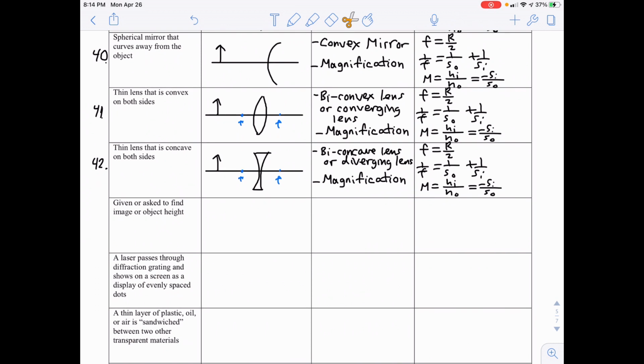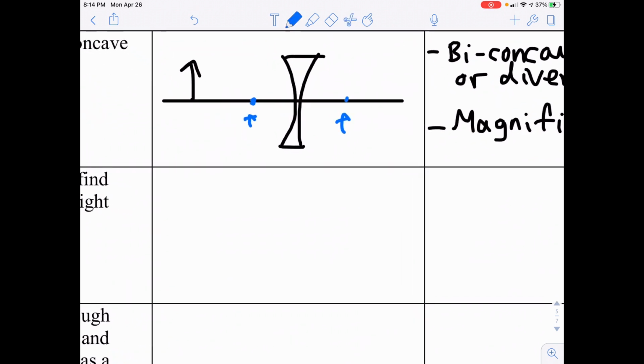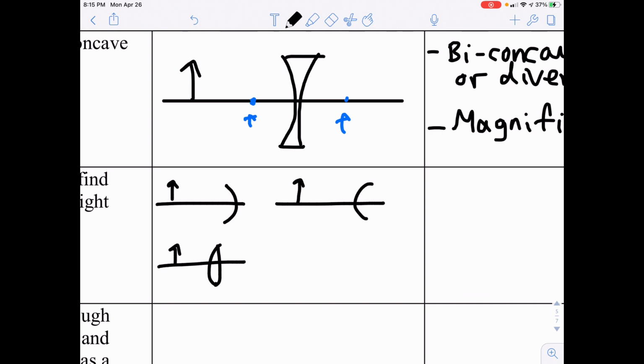Now, let's say we're given or asked to find the image or object height. Well, that could be a situation where you could be given anything. You could be given a concave mirror. You could be given a convex mirror. I mean, you could be given a converging lens, or you could be given a diverging lens.